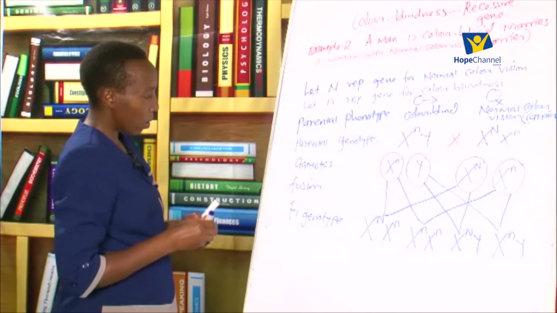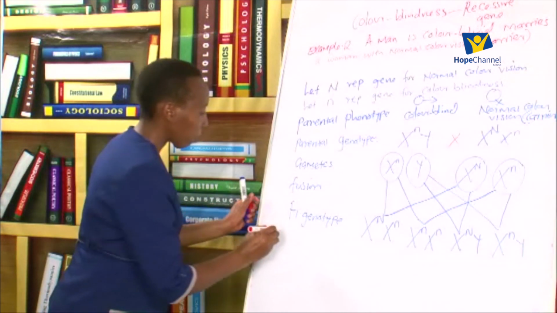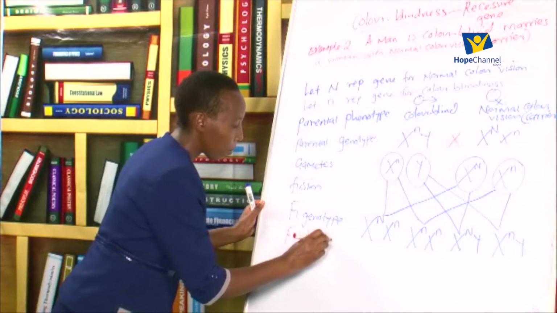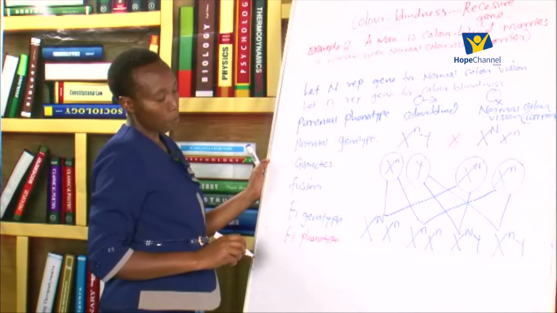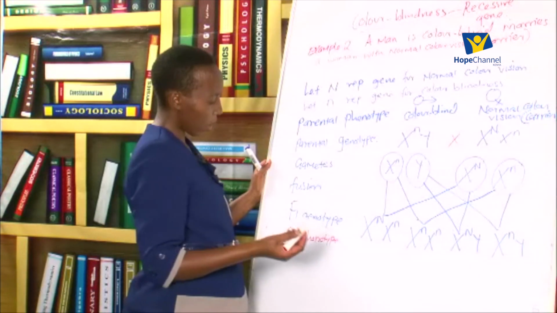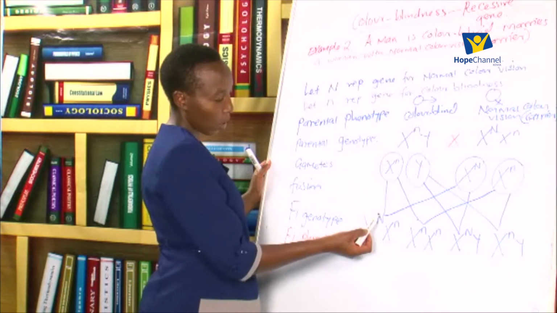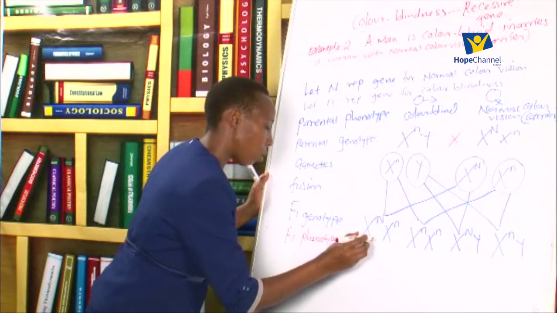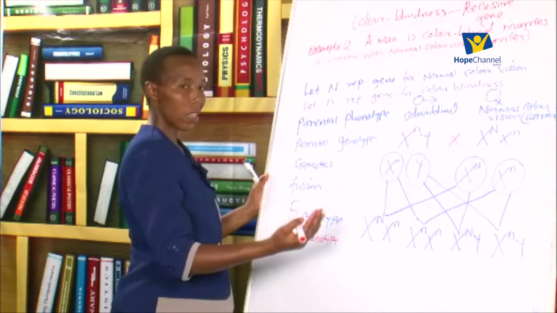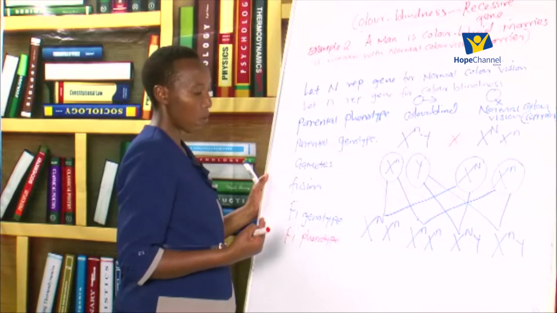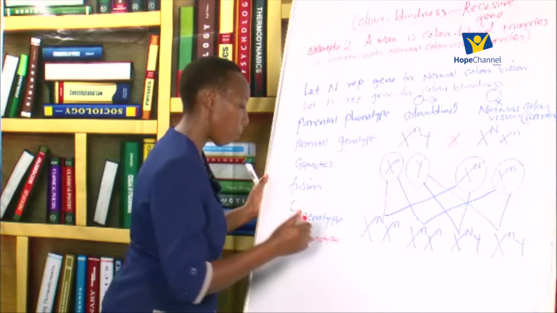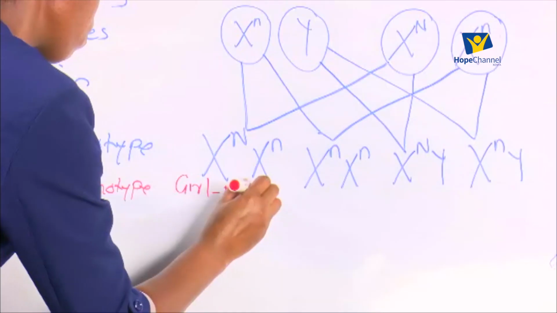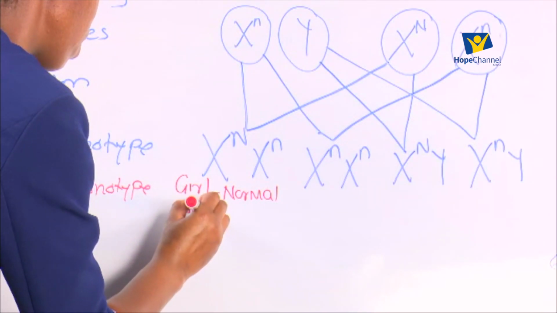So we want to interpret quickly what we have. We have the F1 phenotype, the physical appearance. Someone has the X with the dominant gene and the recessive gene. This person has normal color vision. But because we are talking about X and Y, it's always good to identify if it is a male or a female. So this is a girl with normal color vision.